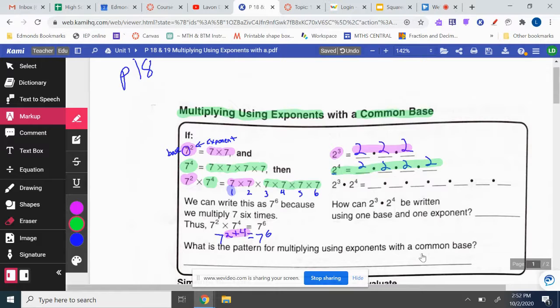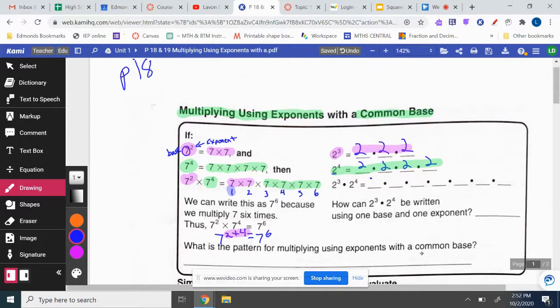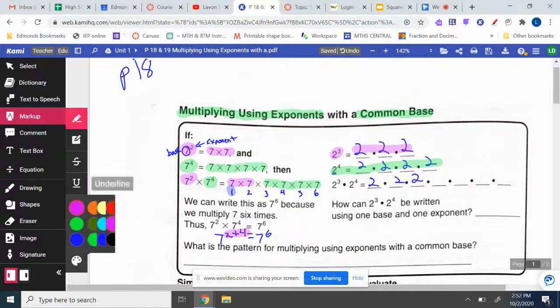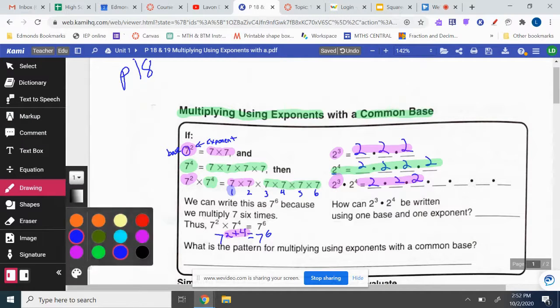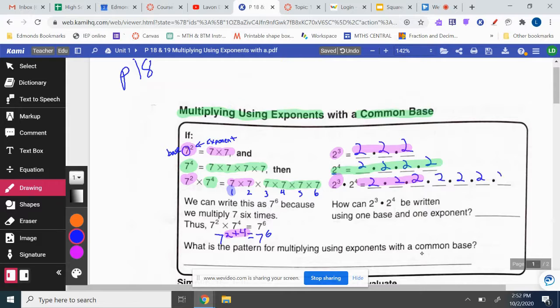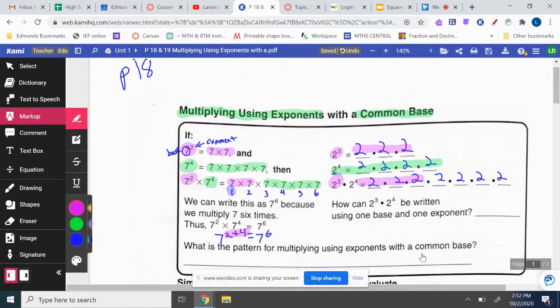And now watch what we end up having. We end up having 1, 2, 3, which is our original purple. And then we end up having 1, 2, 3, 4, back at our green. So how can this be written?